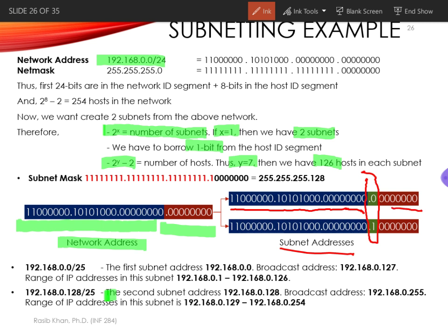The remaining 7 bits at the extreme right are now the host ID part.